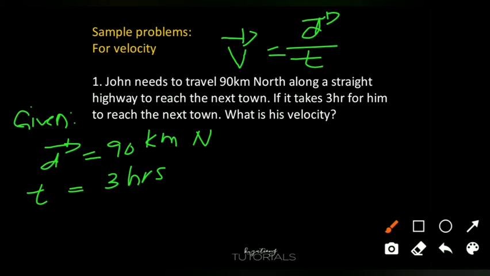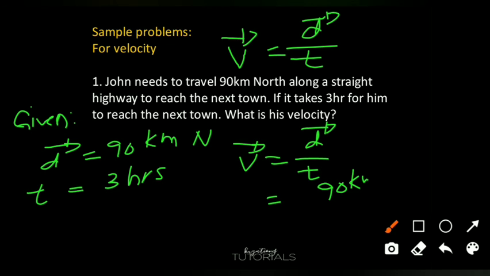So now let's go to computation. So velocity is equal to distance over time, diba? So we have to substitute D, which is 90 kilometers north. Then we have time, which is 3 hours. So 90 divided by 3, that is 30, diba?